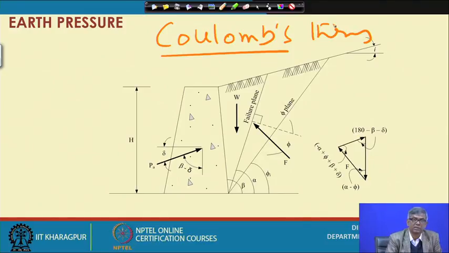We have discussed Rankine's theory so far. In Rankine's theory, there is a set of assumptions. The assumptions are that the wall is vertical, there is no friction between the wall and the backfill, and the backfill is level, all those things. But Coulomb's theory is very much general.